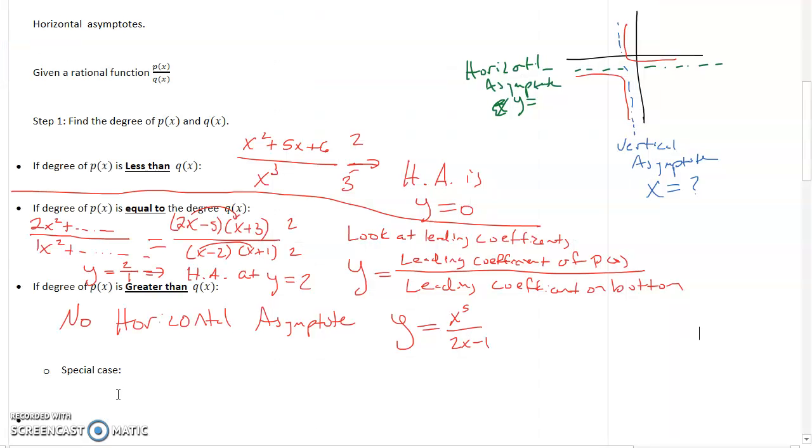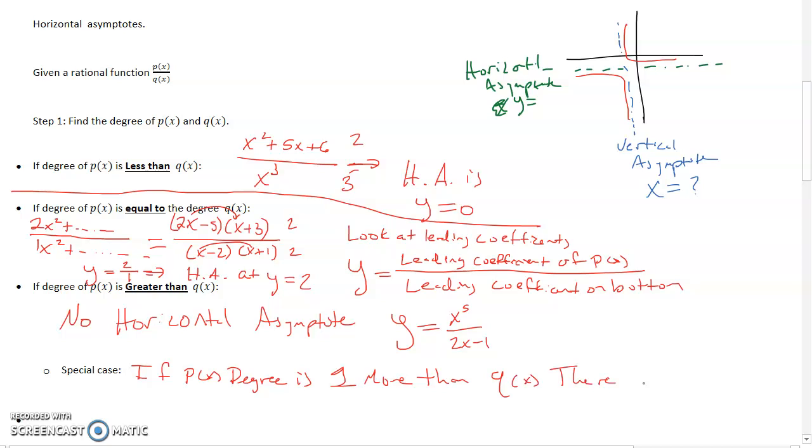But there is this special case. If the degree of p of x is 1 greater than q of x, then there's an oblique asymptote.